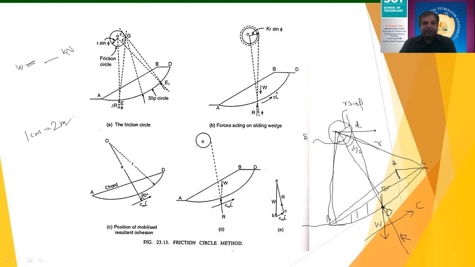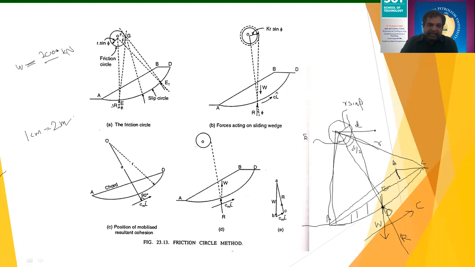Now, suppose you have calculated a value based on the analysis of this particular triangle, and you have arrived at some numerical value, then again you take some scale. Let's say this value is, let's assume, 2000.